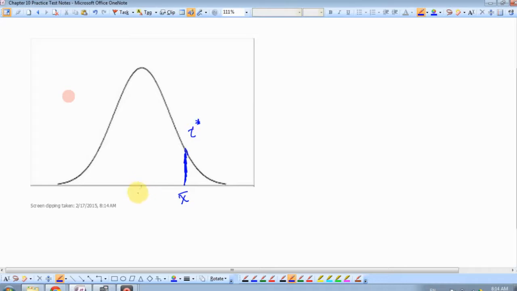This would be mu x bar down over here. This area right here is what we call the rejection region.